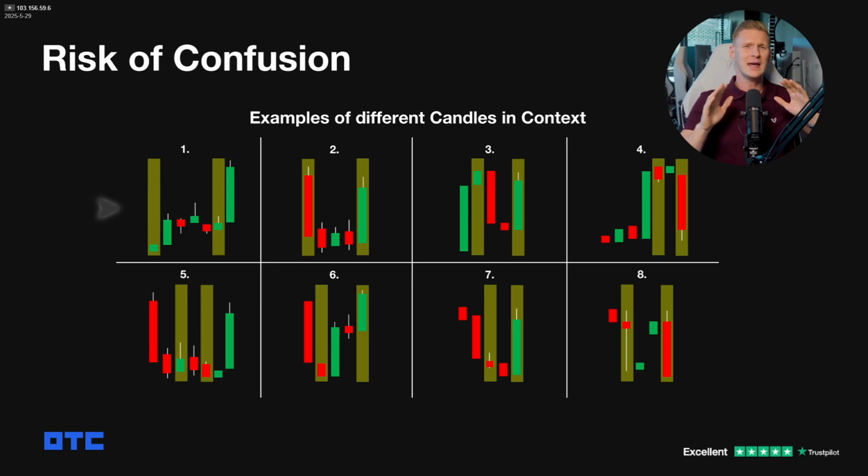The reality often isn't as clear as the theory, which makes it easy to misinterpret candles when examining them in isolation. Take example 1. For instance, the candle highlighted in yellow could be considered decisive or even explosive based on its body occupying 100% of its total range.